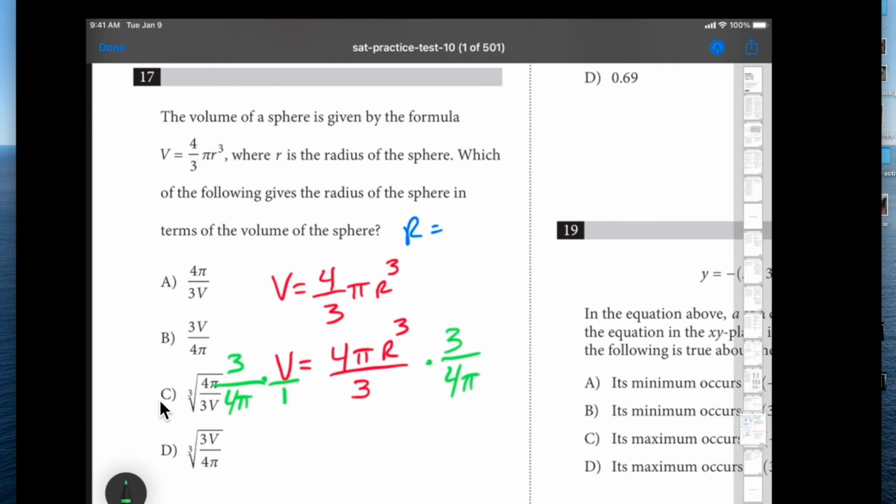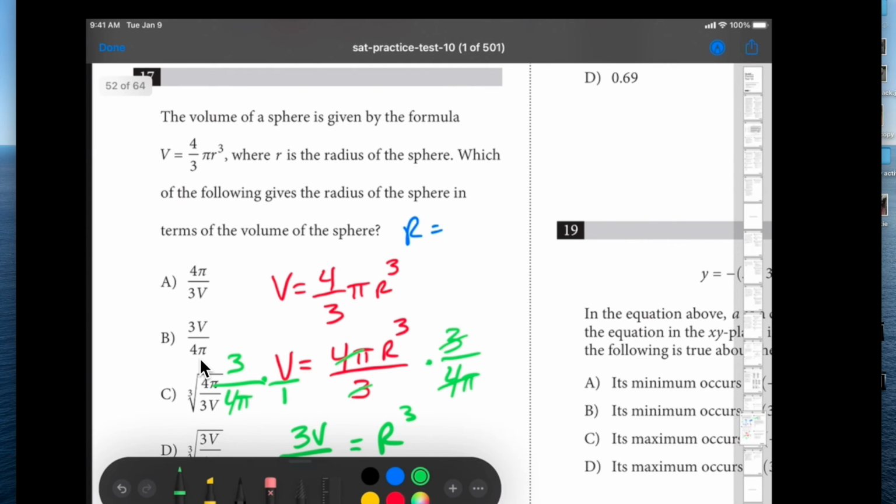This is going to cancel out everything on this side of the equation except for the r cubed, because of the 4 pi in the denominator, that 3 and that 3 go away. So we are left with the following: r cubed equals 3V over 4 pi.